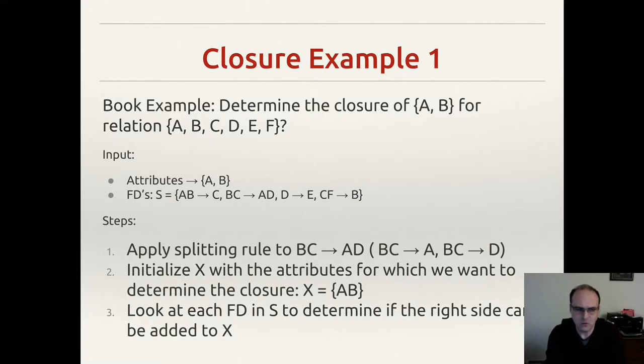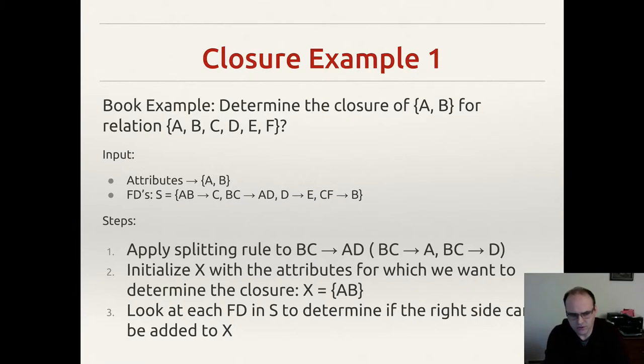Now, our input is the attributes we want to test for and the functional dependencies that we are going to use to test. So the set of functional dependencies, remember we're referring to that as S. For us, it has C being functionally dependent on AB, AD being functionally dependent on BC, E being functionally dependent on D, and B being functionally dependent on CF.